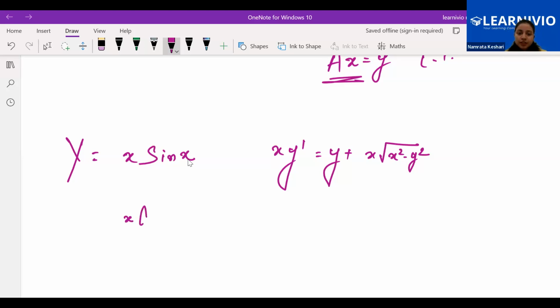First function, derivative of second one, plus second function, derivative of first one. Perfect. Let's substitute.